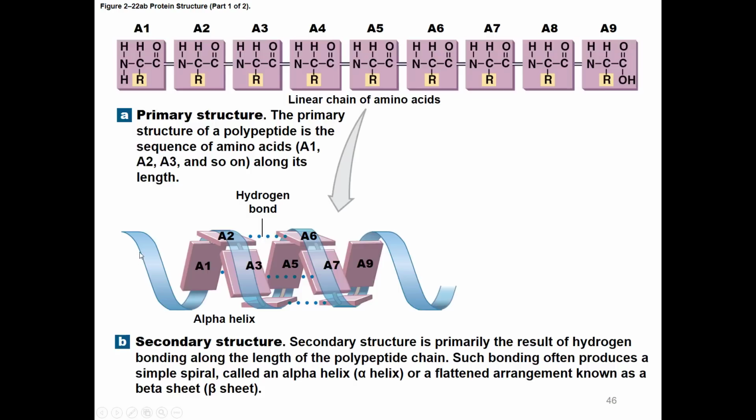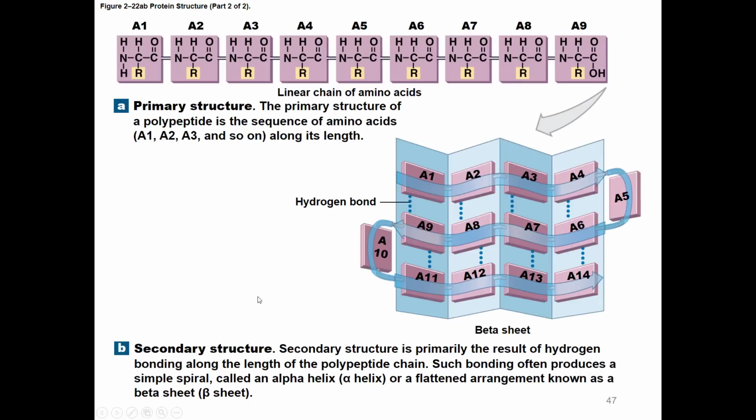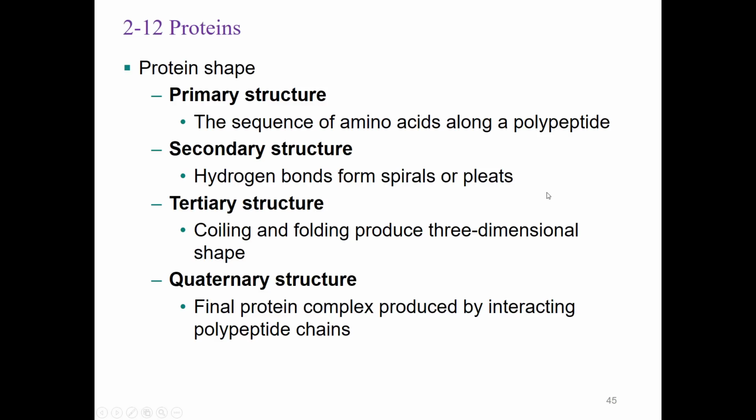So here is a secondary protein that looks like the curlicue. This is called an alpha helix, so it can look like this, or it could look like this, like a fan, zigzag, also known as a pleated sheet. So a little more complicated.